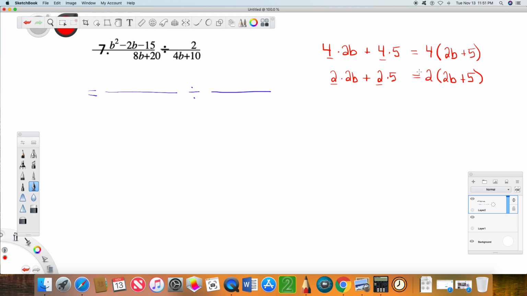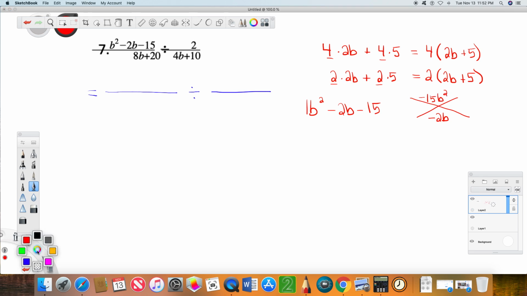All right. Now, since we're factoring, let's go ahead and look at this numerator, which is a trinomial: b squared minus 2b minus 15. The method that we use most of the time to factor trinomials, unless it's a perfect square trinomial, is the X method. Negative 2b is our middle term, and our first times our last is negative 15b squared.